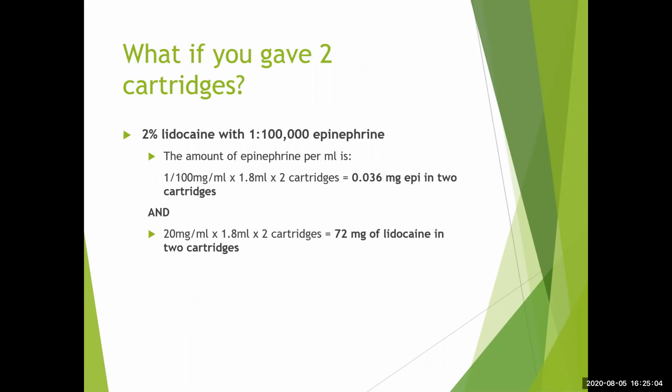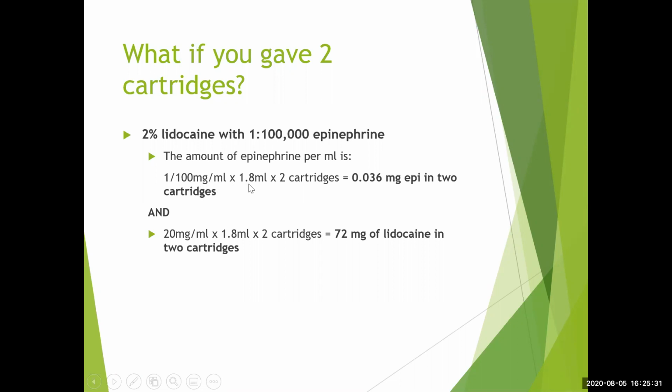Okay, so what if we gave 2 cartridges of 2% lidocaine with 1 to 100,000 epinephrine? How much epinephrine have we given, and how much lidocaine have we given? To figure out how much epinephrine, we take this 1 to 100,000, take off those last 3 zeros, and divide 1 by 100, which tells us how many milligrams of vasoconstrictor per milliliter.